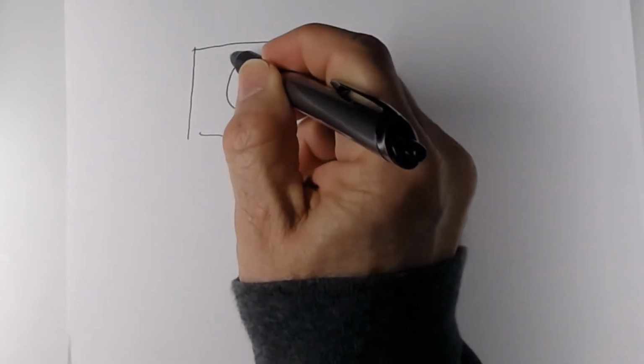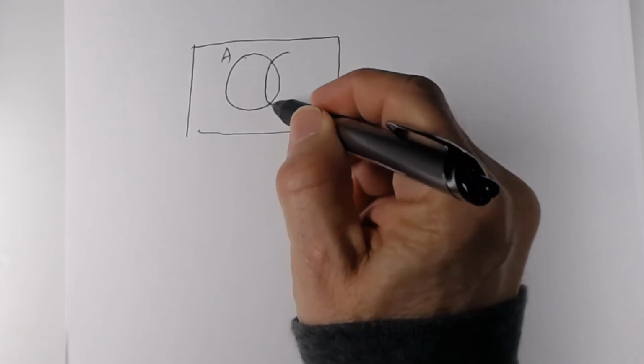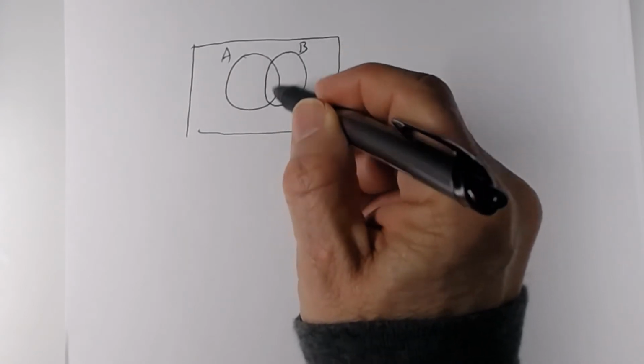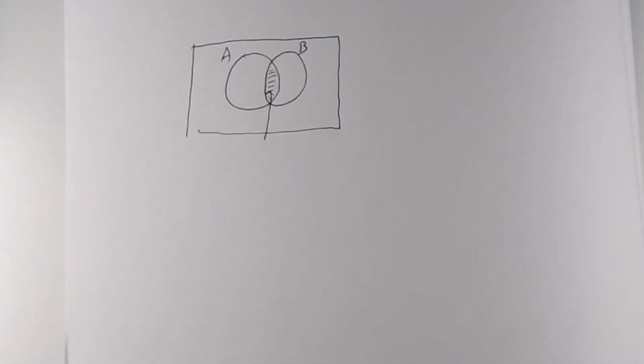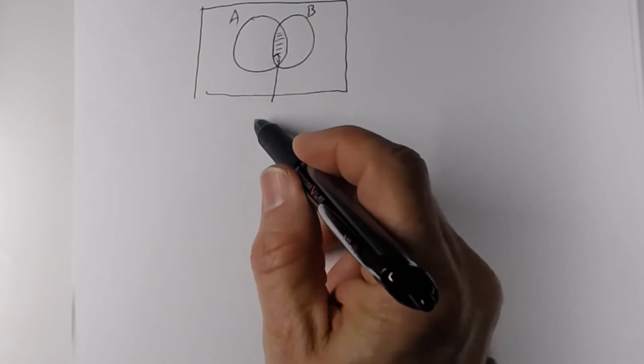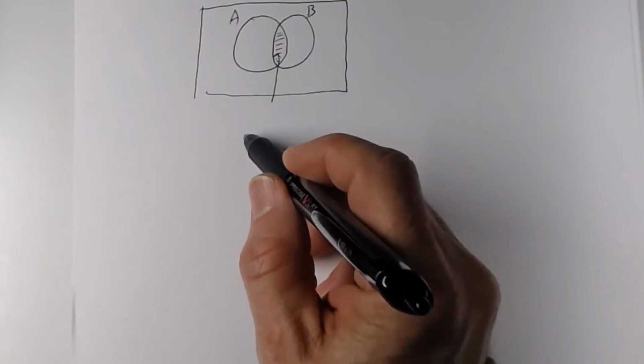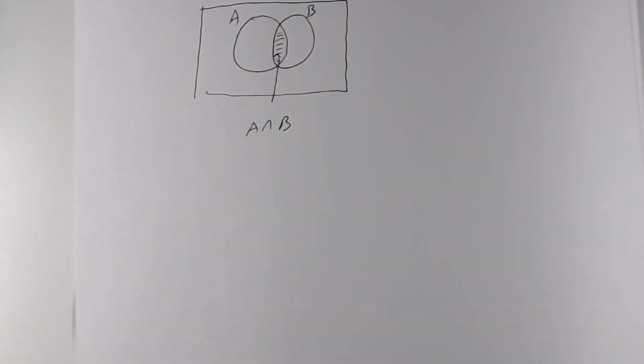This was A, this was set B. This right here that I'm shading in, what is that? How would you symbolize that? Tell me what you write though. A intersect B, that's what that is. All right, so where those two circles intersect is the intersection of those two sets. Y'all agree? Okay.